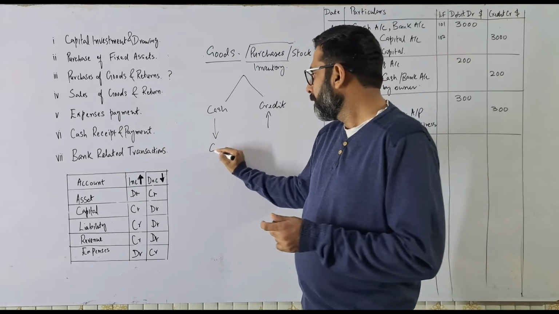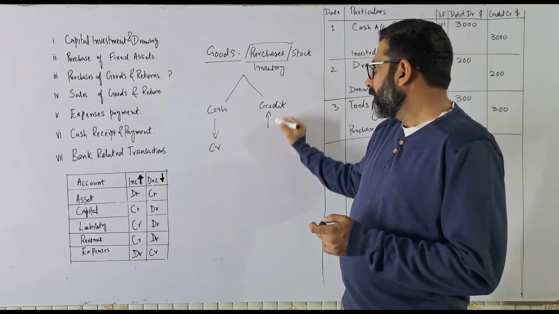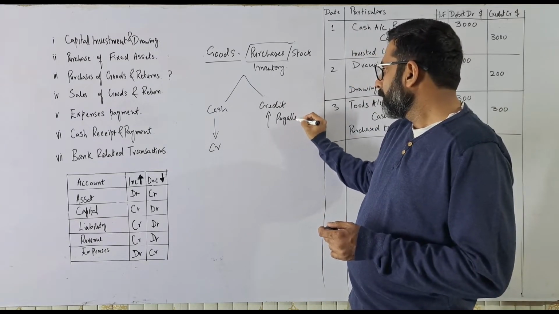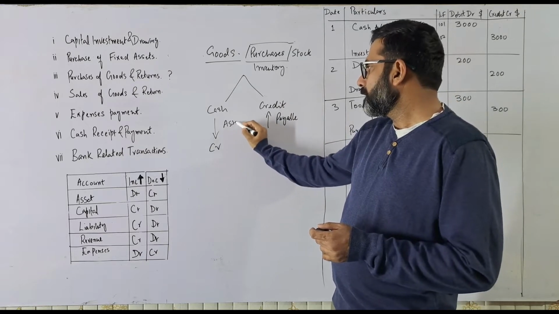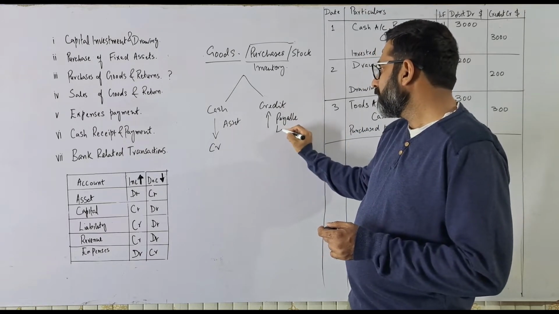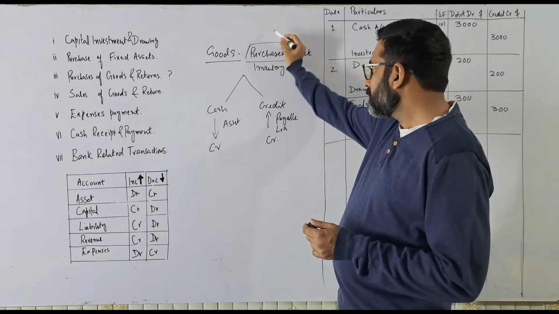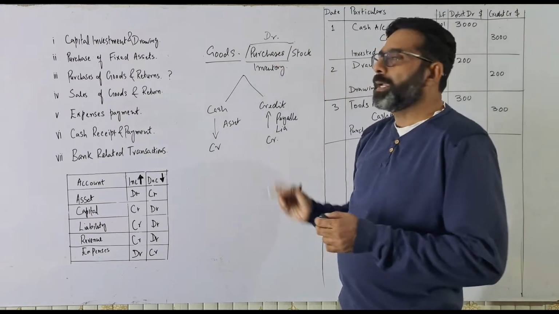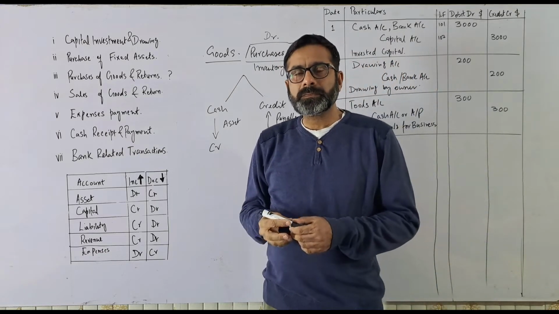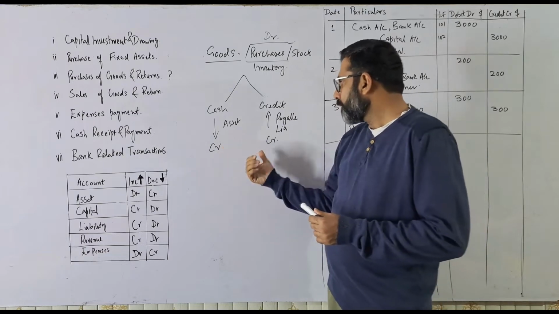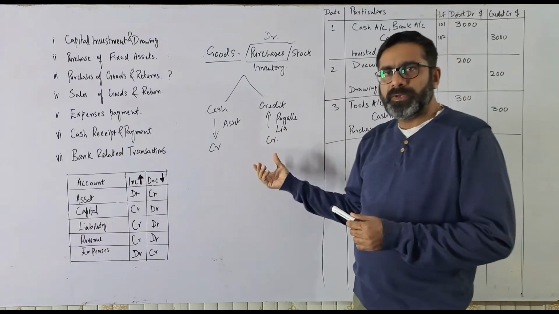Otherwise, the liability, that is the payable. This is the asset, and this is the payable, or the liability. This is also credit, and the purchases will be considered a debit. So the purchases or the goods are debit, and the cash or the payable, the liability, will be credit.